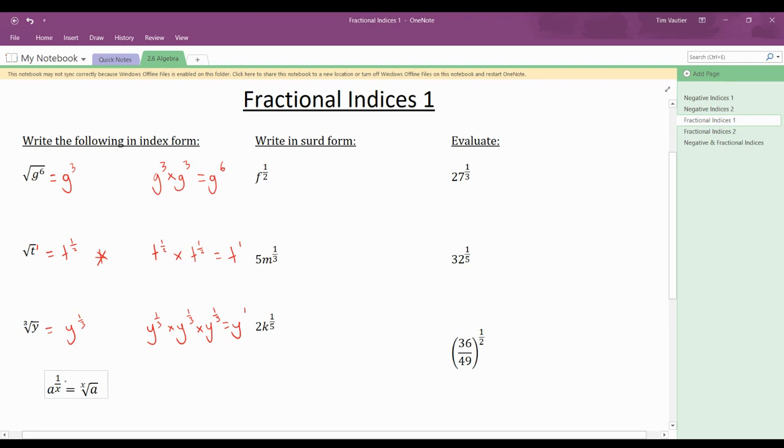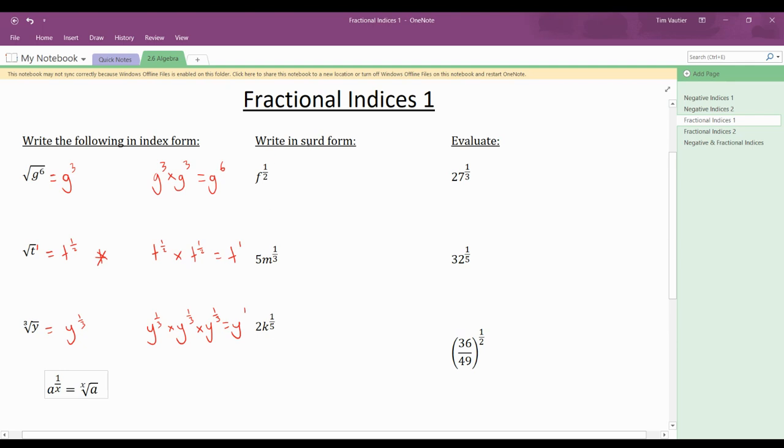And this leads us to a general rule here, that if we have a letter or variable with a fractional power, whatever's in the denominator of our power is the root that we're dealing with, in terms of whether it's square rooting, cube rooting, fourth root, fifth root, etc. And so what that means is we can write these following ones here in surd form.